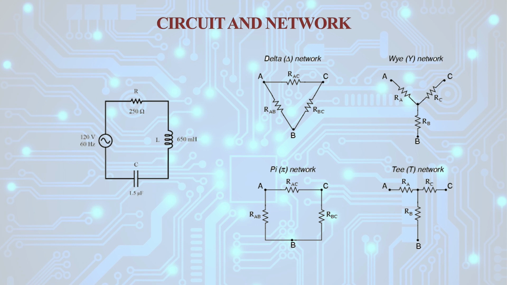This is also a network in which there are three resistances denoted as RAC, RBC and RAB. In the star connection again there are three resistances, that is RA, RB and RC. You can observe here that this particular star connection is open. So this open connection is basically a network. So a circuit will always be closed and a network may be open or may be closed. This is the difference between circuit and network.